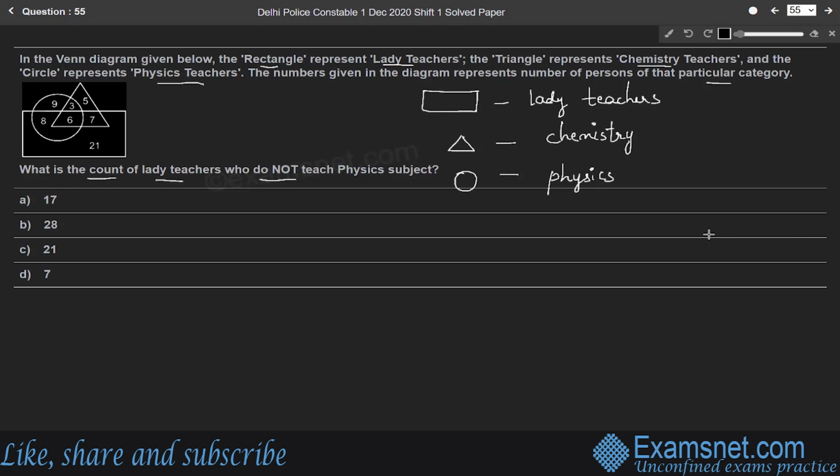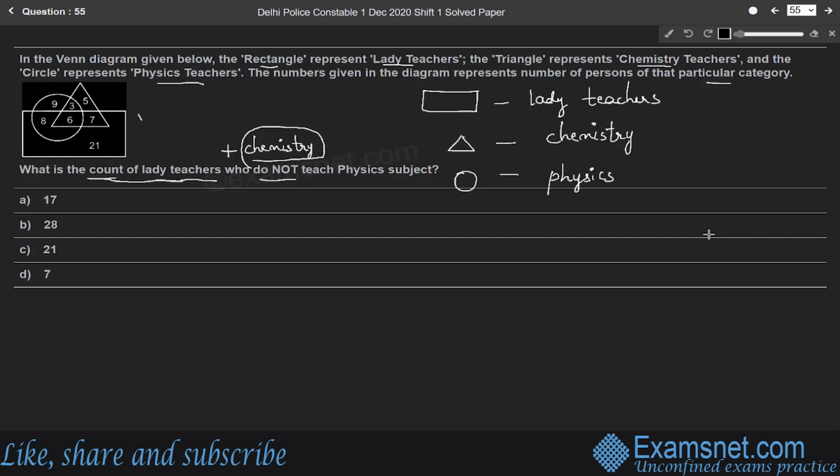That means we have to write the lady teachers number who do not teach physics subject, means they can teach even chemistry. So this number gives the answer.